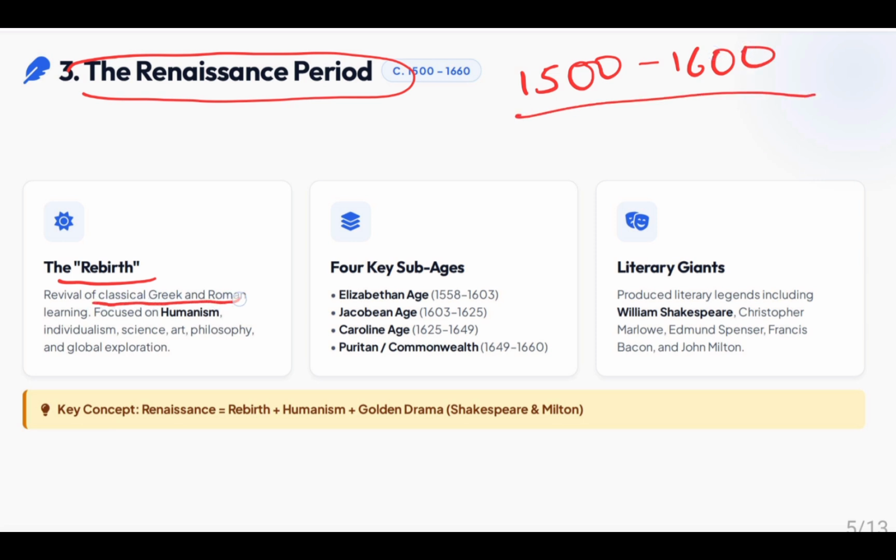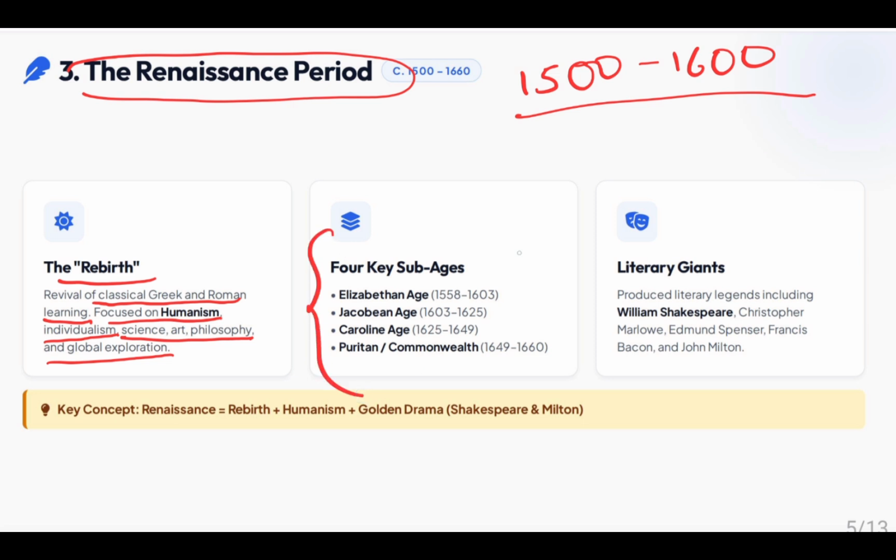Revival of classical Greek and Roman learning, focused on humanism, individualism, science, art, philosophy, and global exploration. It is one of the most important periods for English literature, and it particularly refers to the revival of classical Greek and Roman learning, art, and culture. For English literature, the Renaissance produced some of the greatest writers in English.